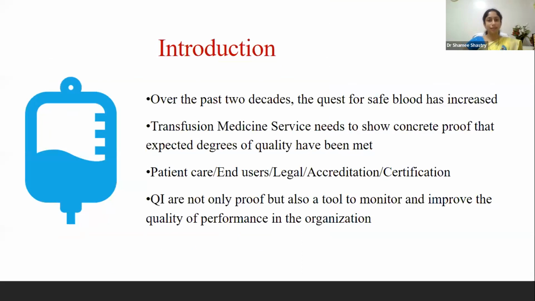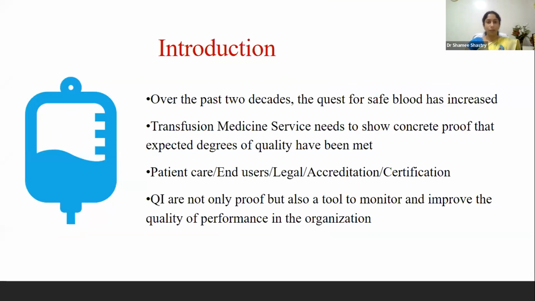Okay, so for the next 15 minutes, we will be discussing the importance of quality indicators in transfusion medicine. Over the past 2 decades, the quality consciousness and the quest for safe blood have increased tremendously, and transfusion medicine services now need to show concrete proof to stakeholders that they meet the expected degree of quality.